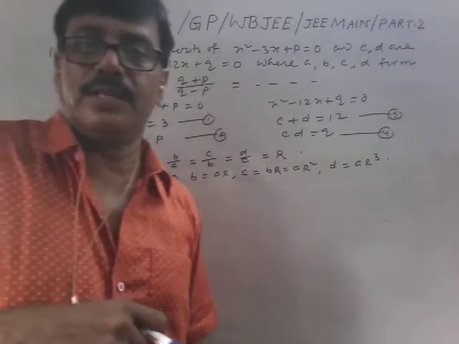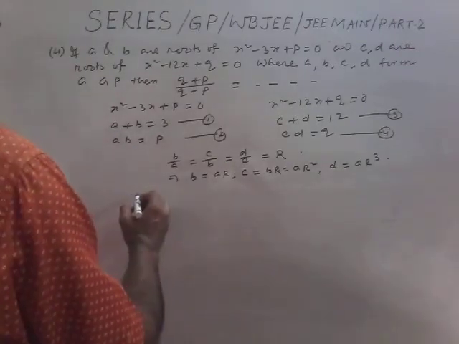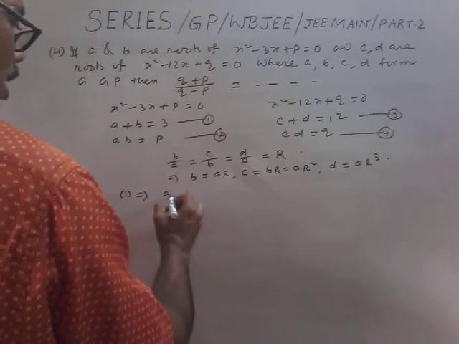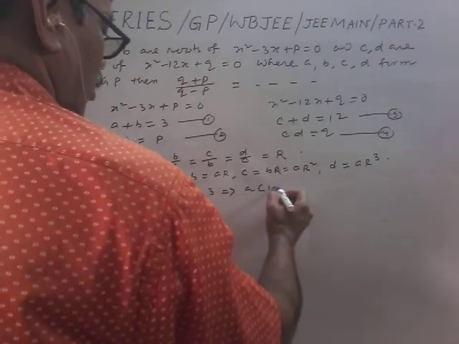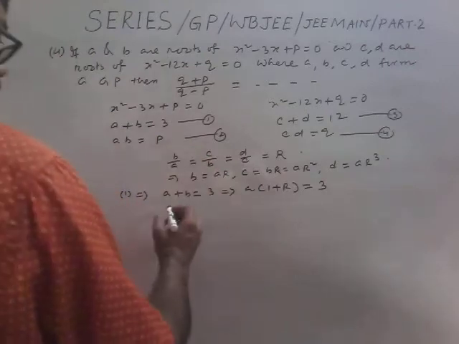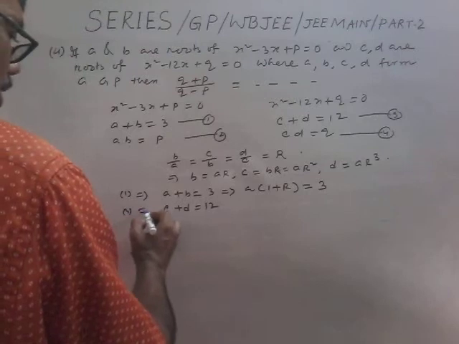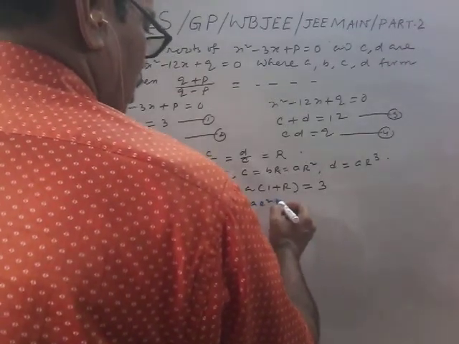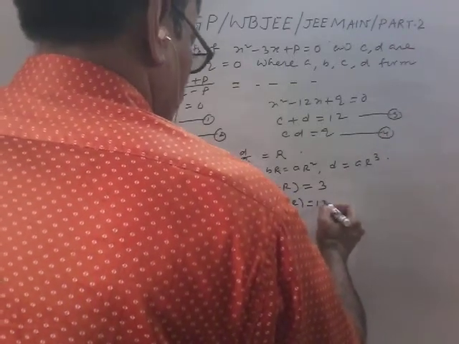So we are getting this relation. a plus b equals 3, so a times 1 plus r equals 3. c plus d equals 12, so what is c? ar square, common 1 plus r equals 12.